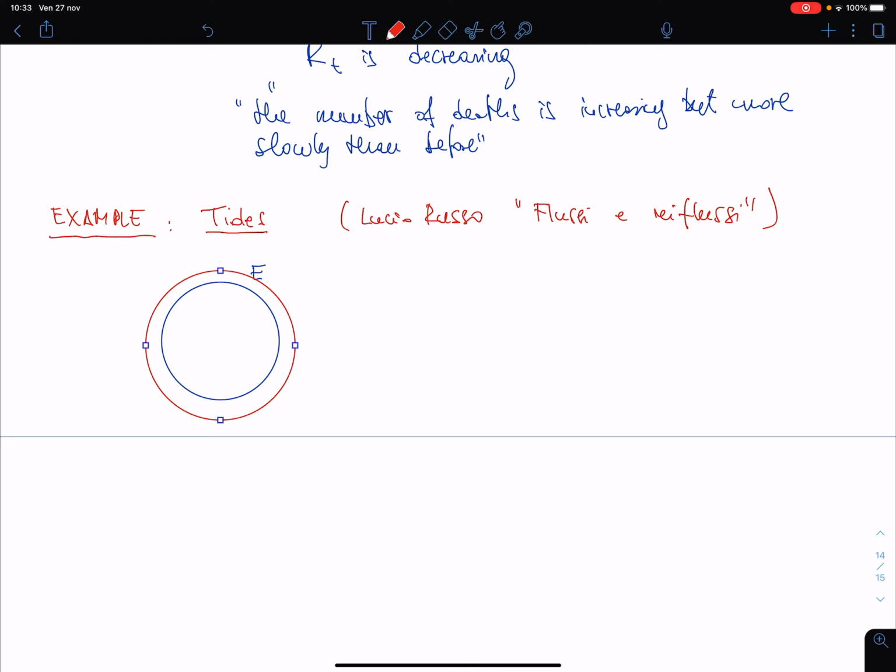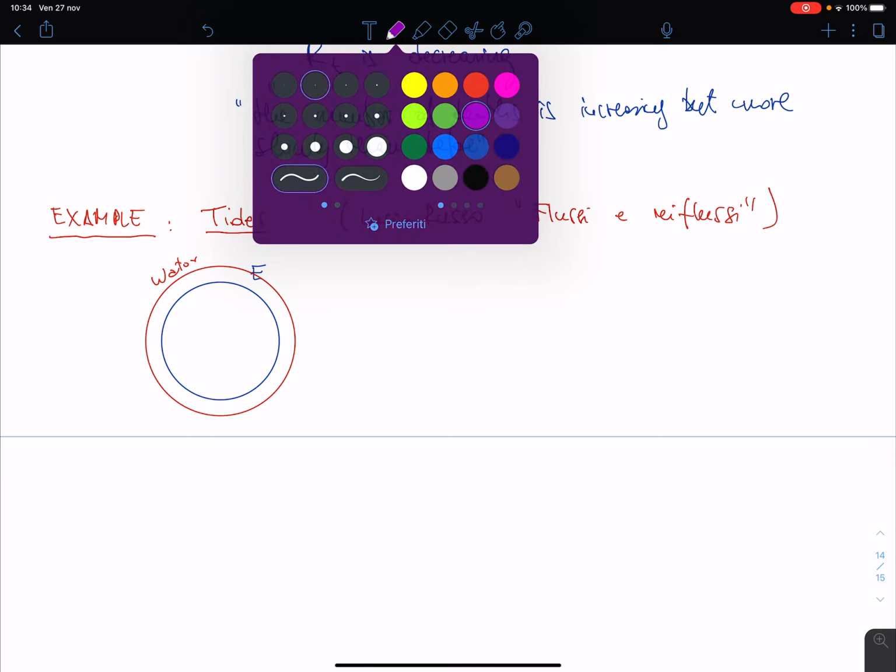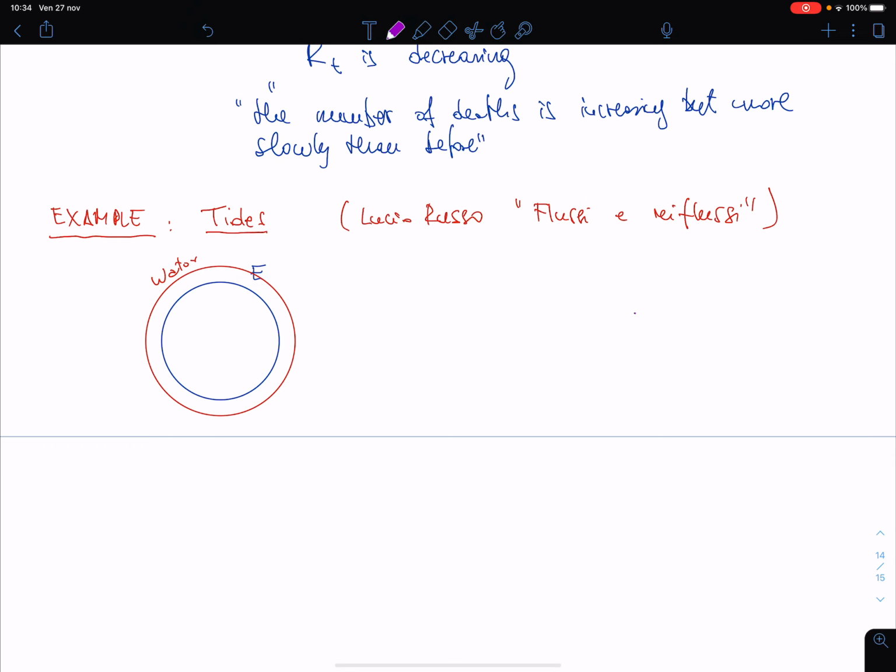So when there is no tide, this is the situation, this is water, the oceans. But now, here, there is the moon, because it is just the moon and not the sun. But, okay, this is the moon.